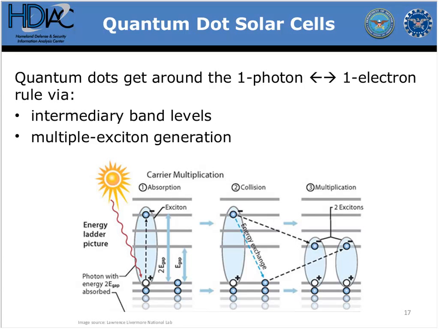But with the confinement of quantum dots, you can precisely engineer that band structure and engineer it in such a way that one high-energy photon could create multiple electron-hole pairs, or a little differently, multiple low-energy photons could create one higher-energy carrier. This is really cool.